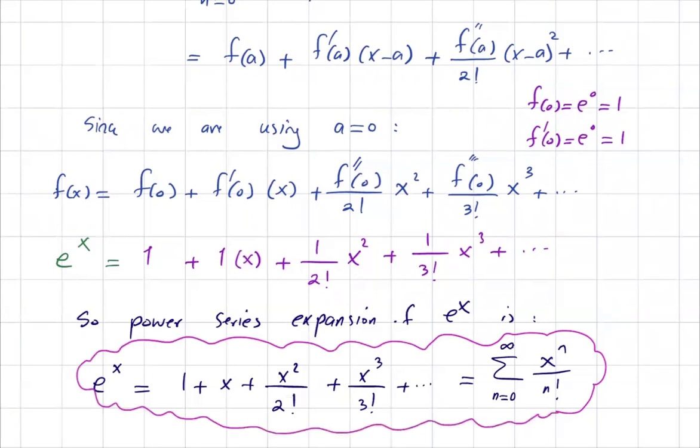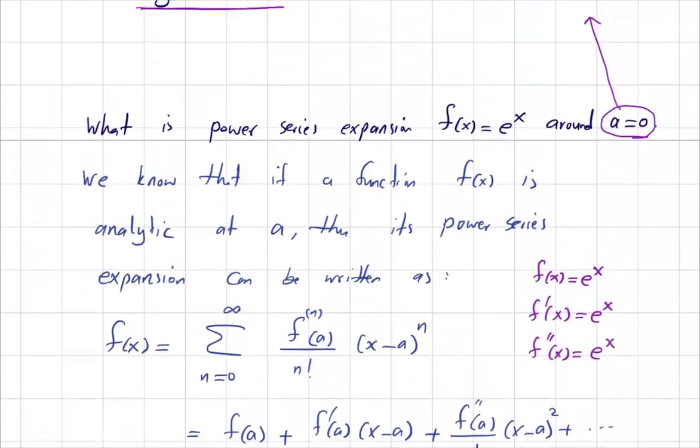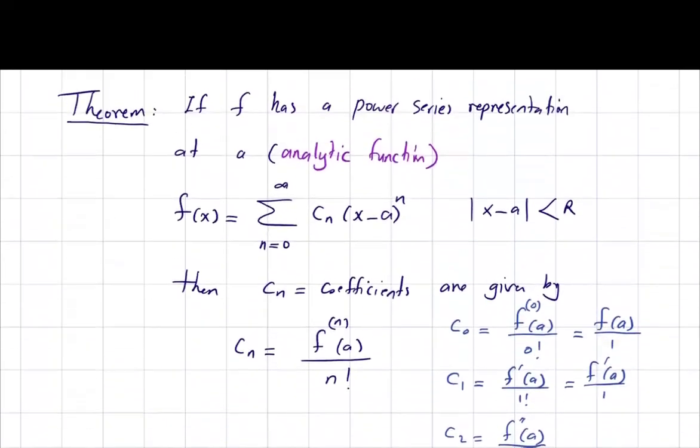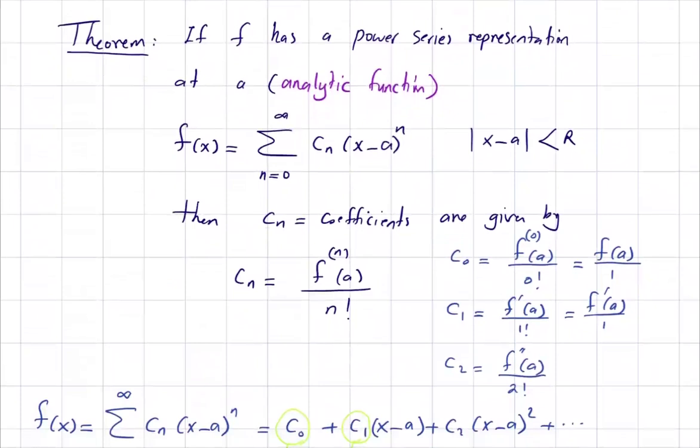So let us recap what we did. We started by introducing a theorem. If f has a power series representation, or if f is an analytic function, it can be written as the summation of Cn times x minus a to the power n, where Cn, the coefficients, can be calculated by taking the derivative of f, evaluating it at a, and dividing by n factorial.